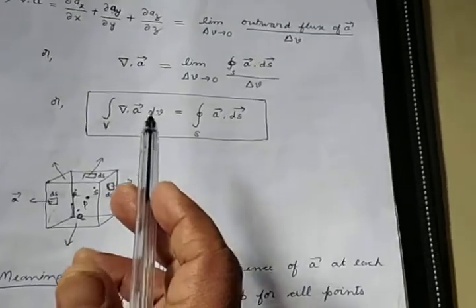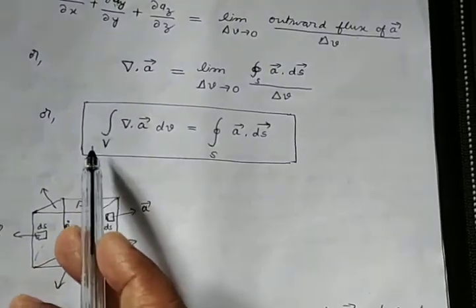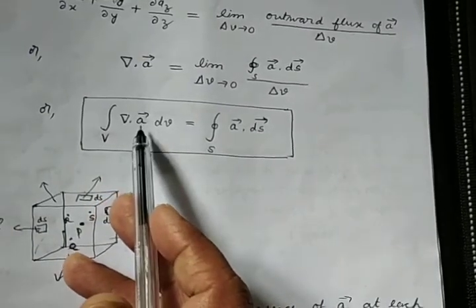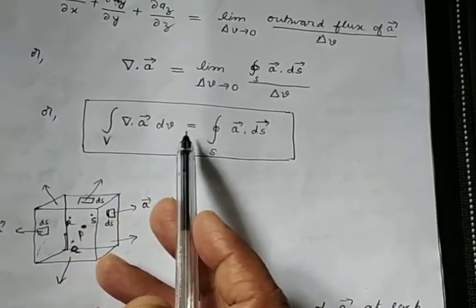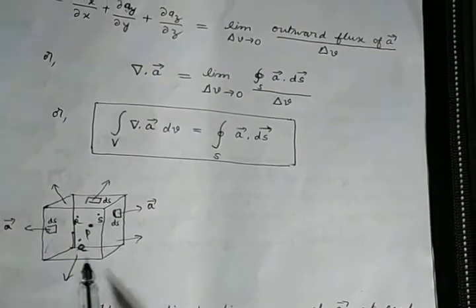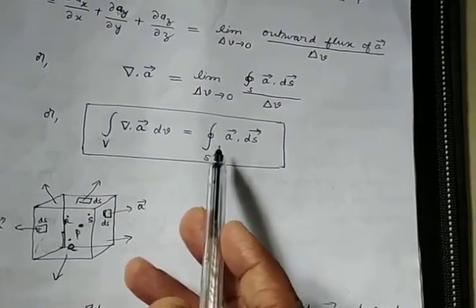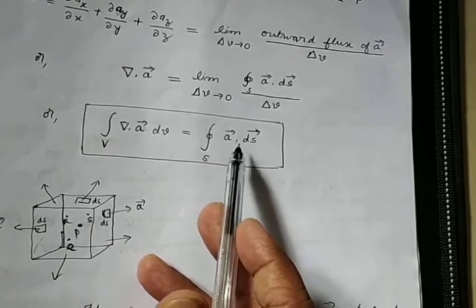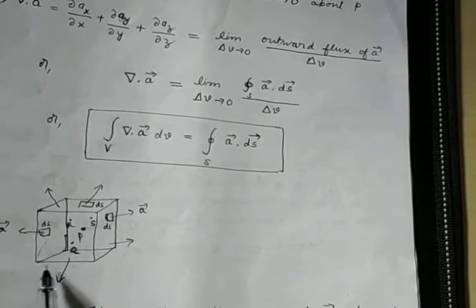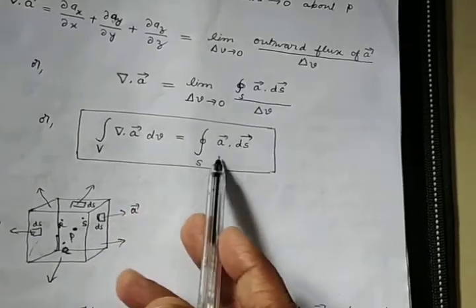So that is what is meant by this equation here: the volume integral, over each and every point in the given volume, of the divergence of A bar is equal to the closed surface integral, over the surface which encloses the given volume, of the outward flux, that is A bar dot ds bar. For all the area elements making this closed surface, if we do this, then both of them are equal.